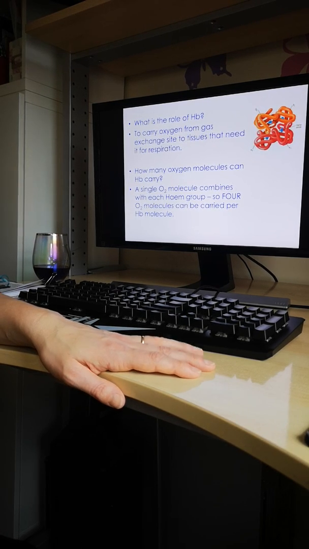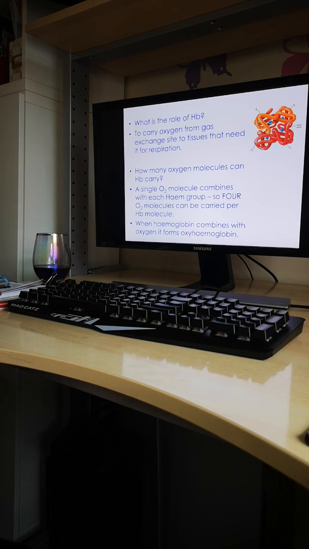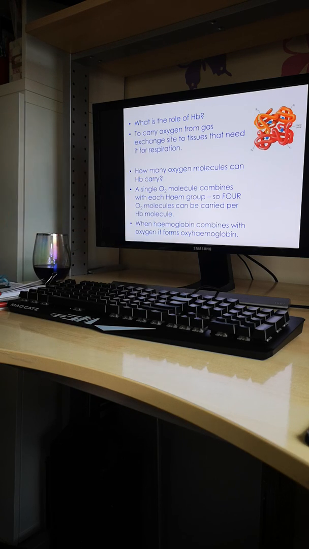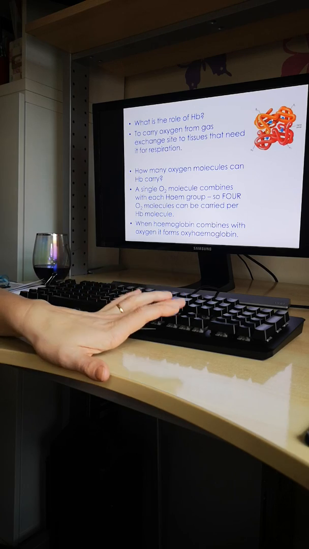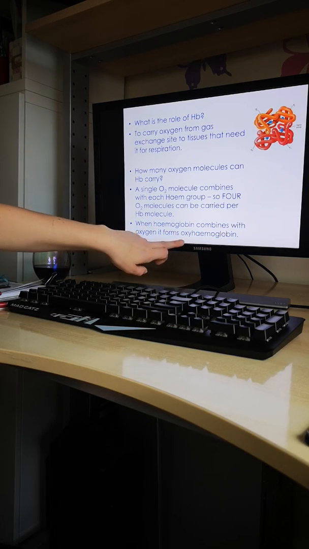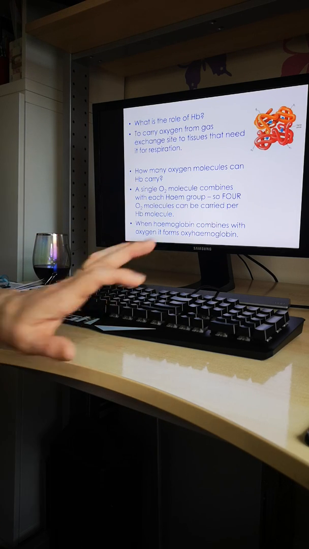So 4 oxygen molecules can be carried by 1 haemoglobin. Even Charlotte got that one right, well done. When haemoglobin combines with oxygen, no matter how many oxygens, we stop calling it haemoglobin and we call it oxyhaemoglobin. Sometimes you'll see that term in exam questions, and it just means oxygen is being carried by those haemoglobin molecules.